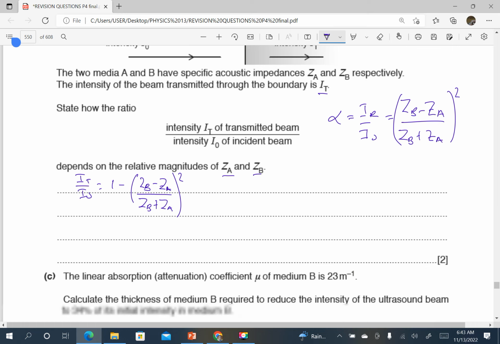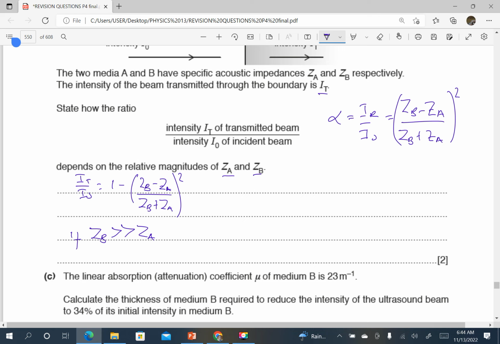So let's now discuss the impact of the magnitudes. Let's think of ZB being many times bigger than ZA. If ZB is much greater than ZA, when I subtract, I get ZB. When I add, I get almost ZB.